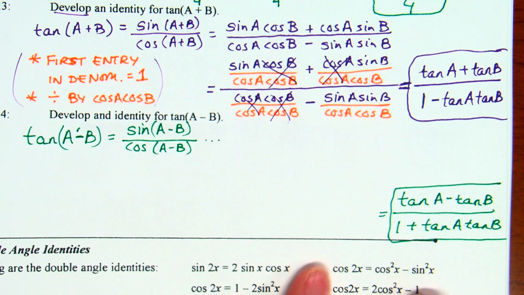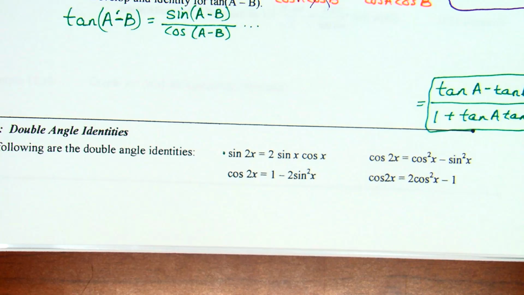If you recall, there is 1 for sine 2x, but there are 3 for cosine 2x, aren't there? There's only 1 for the double angle sine 2x, but there are 3 different ways we can write cosine 2x. It all depends on the situation: do you need something with only sine, only cosine, or both?